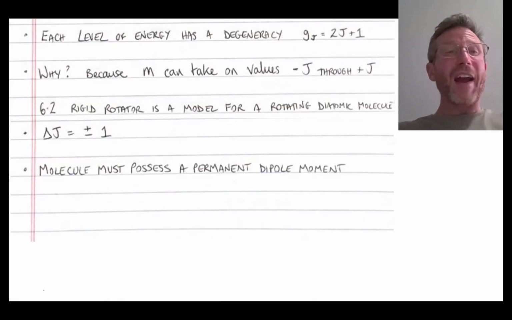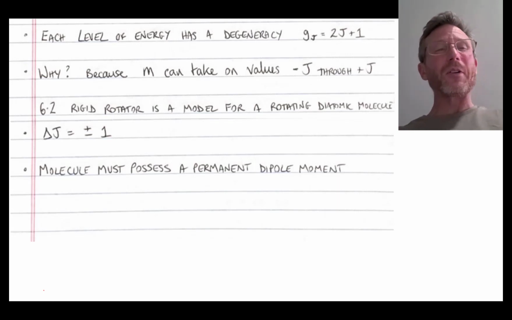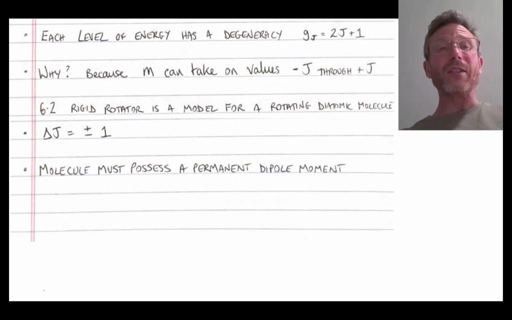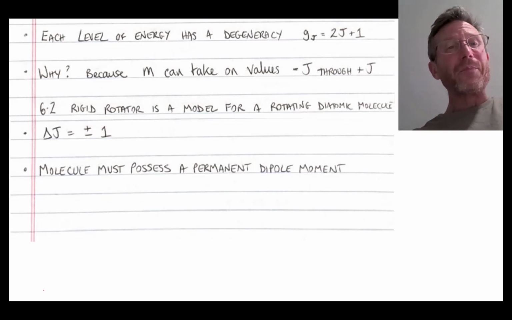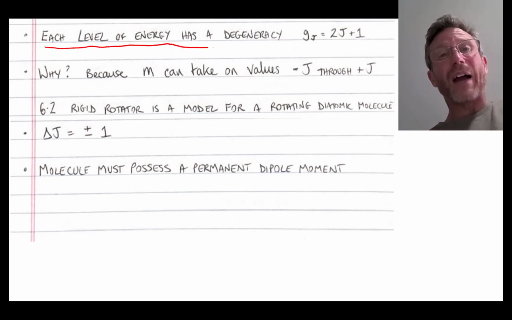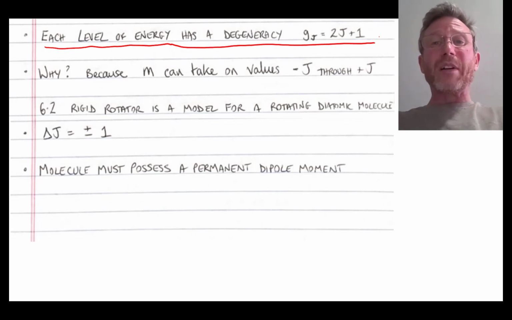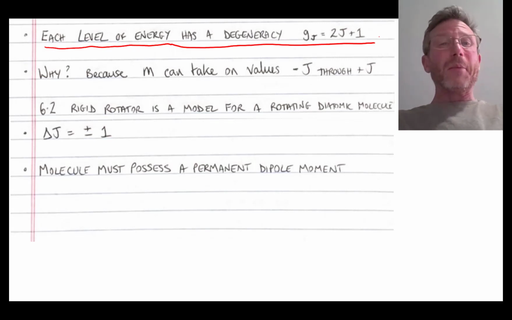While we're talking about factoids, I'm going to also bring something to your attention. We've seen this in the guided inquiry learning workshops. Each energy level has a degeneracy of g sub J. G means the degeneracy, and it's equal to 2J plus 1.